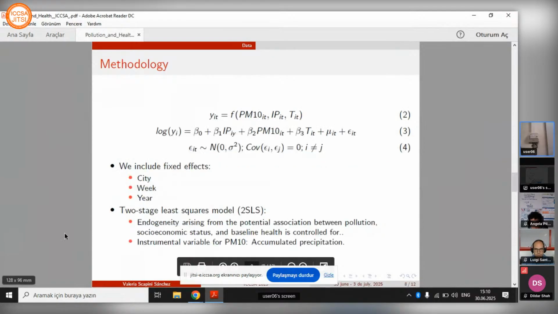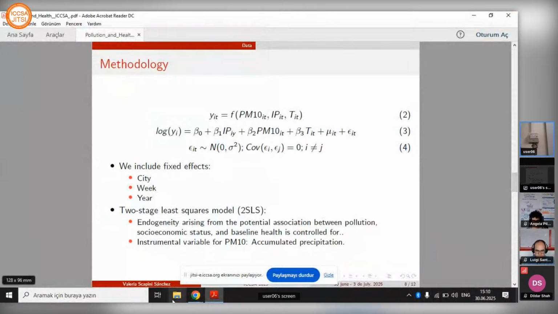This is the model, and we use the OLS method to estimate the parameters. We include fixed effects for cities, for statistical week, because week is very related with different business, and year. The second model is not OLS.